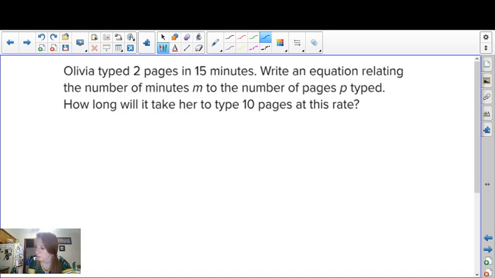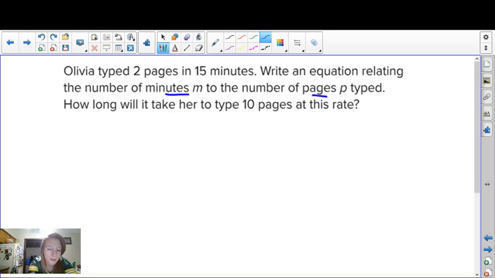All right, last problem. Olivia typed 2 pages in 15 minutes. Write an equation relating the number of minutes to the number of pages typed. How long will it take her to type 10 pages at this rate? So I want to do my unit rate again, the minutes per page.